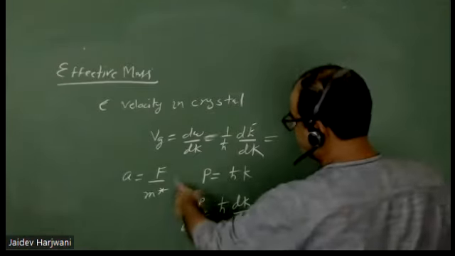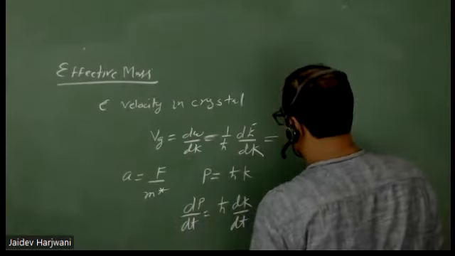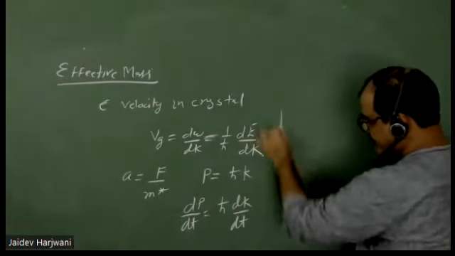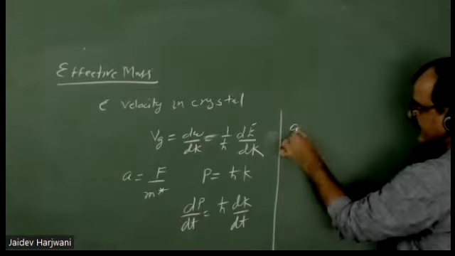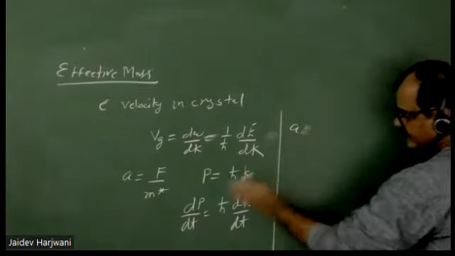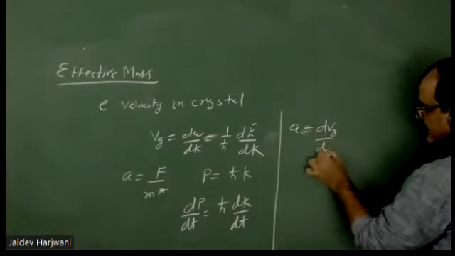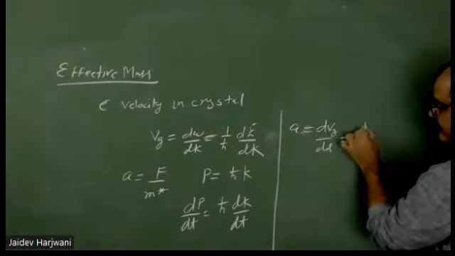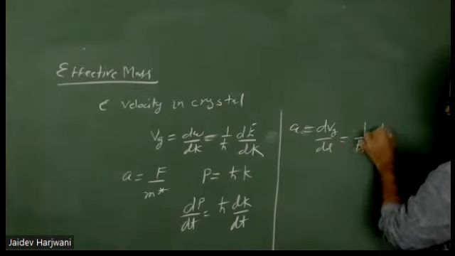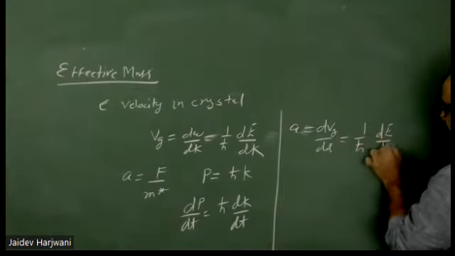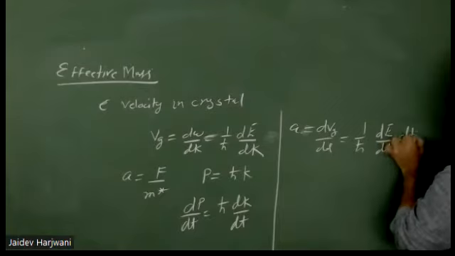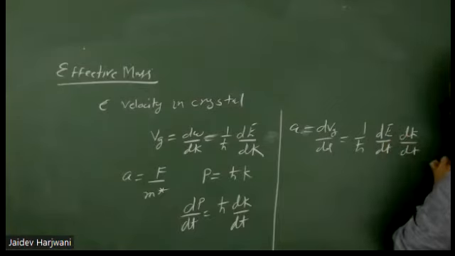Now I want the acceleration. The acceleration is a equals dv_g upon dt. This will give me 1 upon h cut, d of dE by dk, upon dt, and dk upon dt.